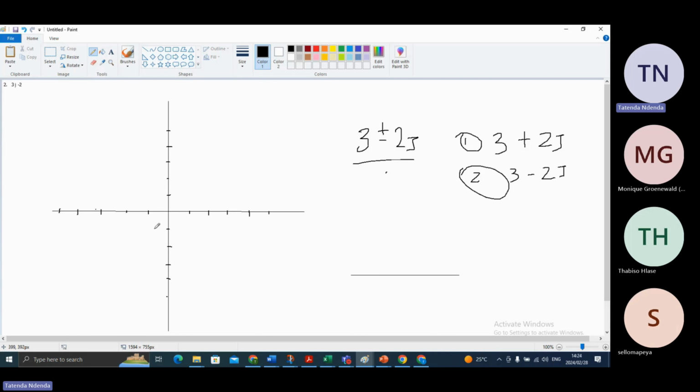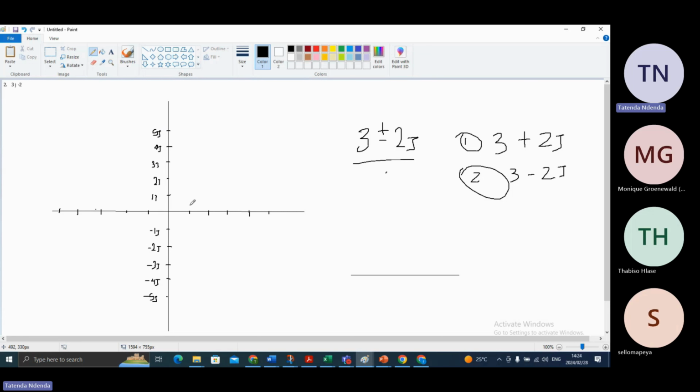So we know that this is going to be negative 1j, then negative 2j, negative 3j, negative 4j, negative 5j. Then here we have 1j, 2j, 3j, 4j, as well as 5j.